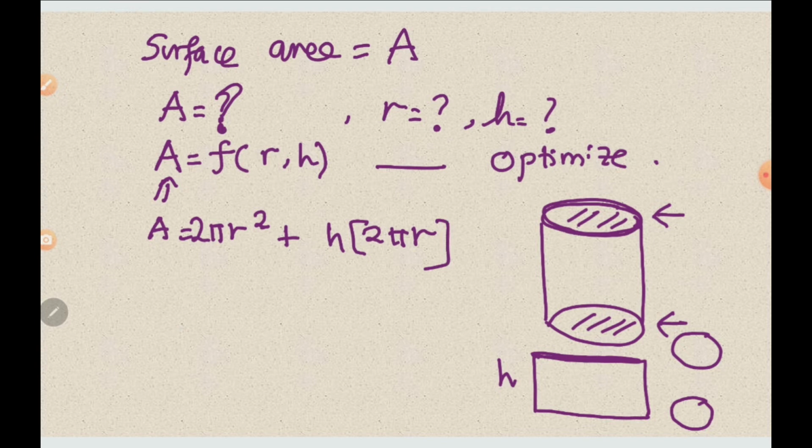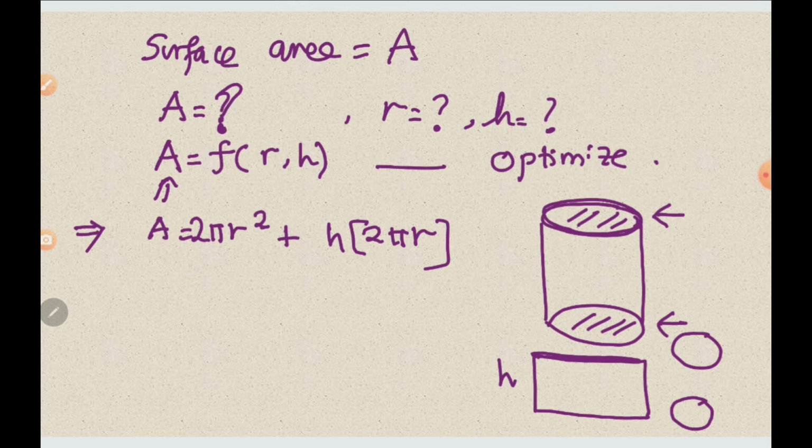Okay, so this is the area of the right circular cylinder in terms of r and h. Okay, so you need to simplify this. I want you to write A in only one variable, either in terms of r or h.